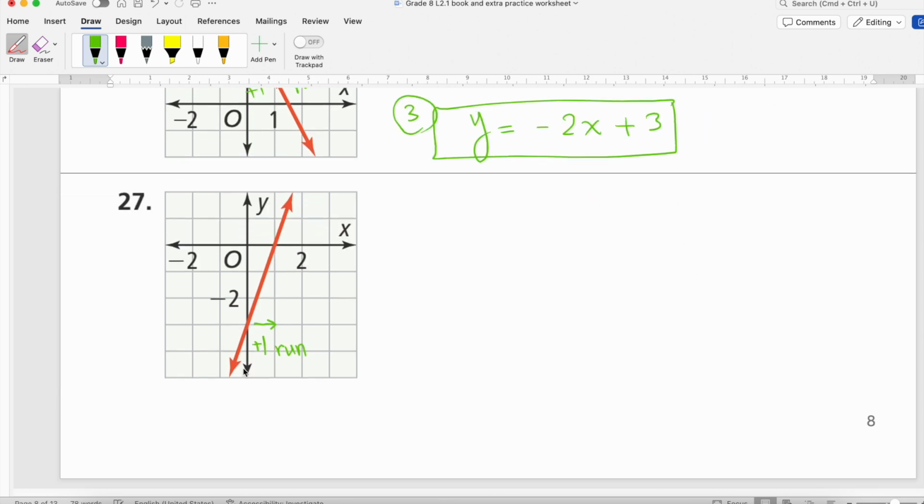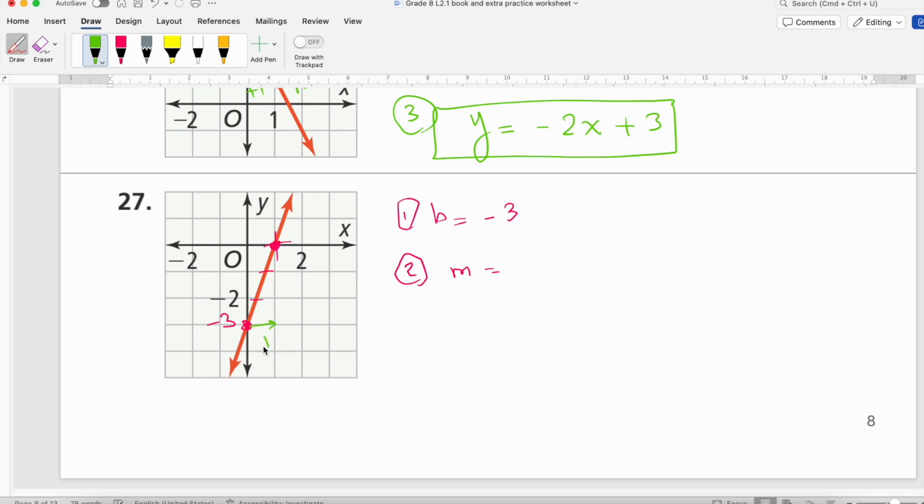Next, here. Step number 1, find b. Here b, it's negative 3. Step number 2, find m using rise over run. So let's select another point. I can select this one because it's on a cross, but the rest are on a line.